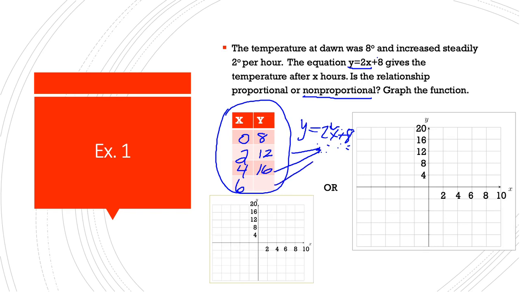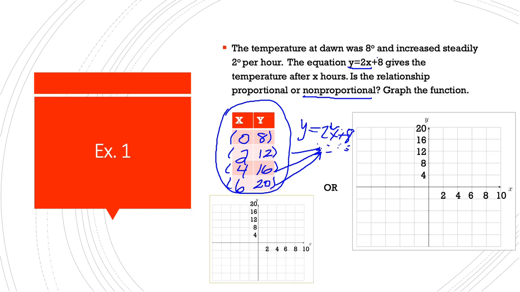So again, I'm going to come up here and I'm going to plug in that 6. 2 times 6 is 12, plus 8 is 20. Okay, so I just made myself a set of coordinates by making this table. I just made myself a set of coordinates that I can plot on my graph to make my line.